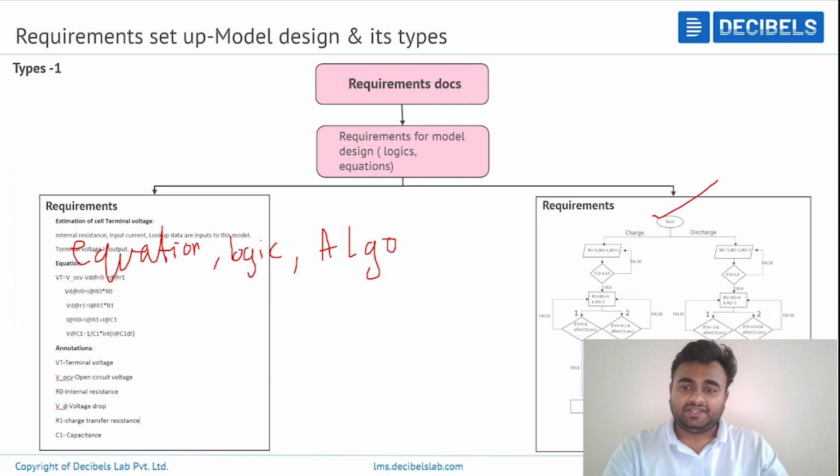It again depends on the organization. When we say written format, it can make use of a Word doc or an Excel sheet for representing the documents or the details. So this one you can call type 1.